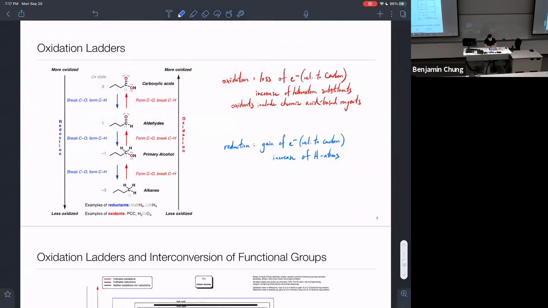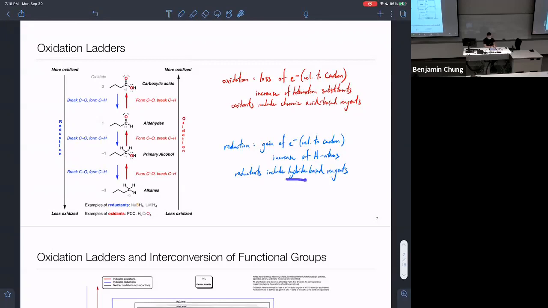And then reductions, you might have seen this as well. Sodium borohydride, lithium aluminum hydride, they're all hydride-based reagents. And that sort of makes sense.